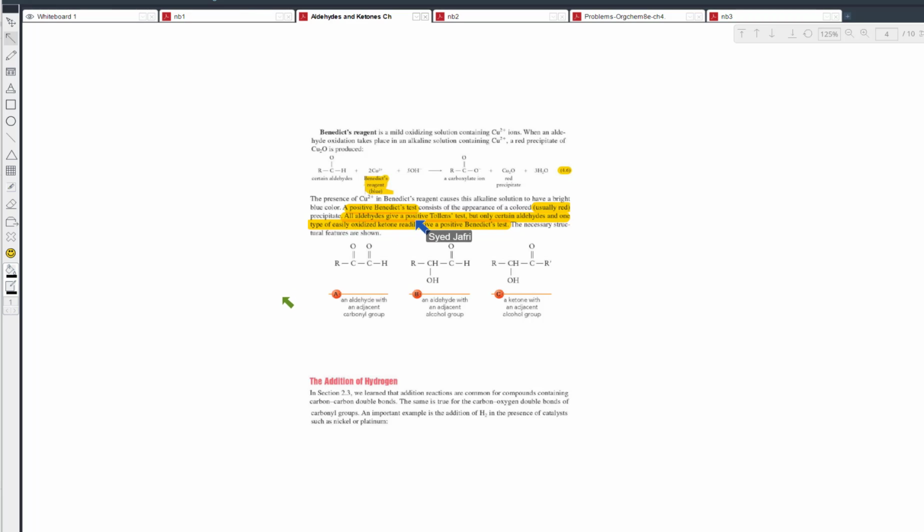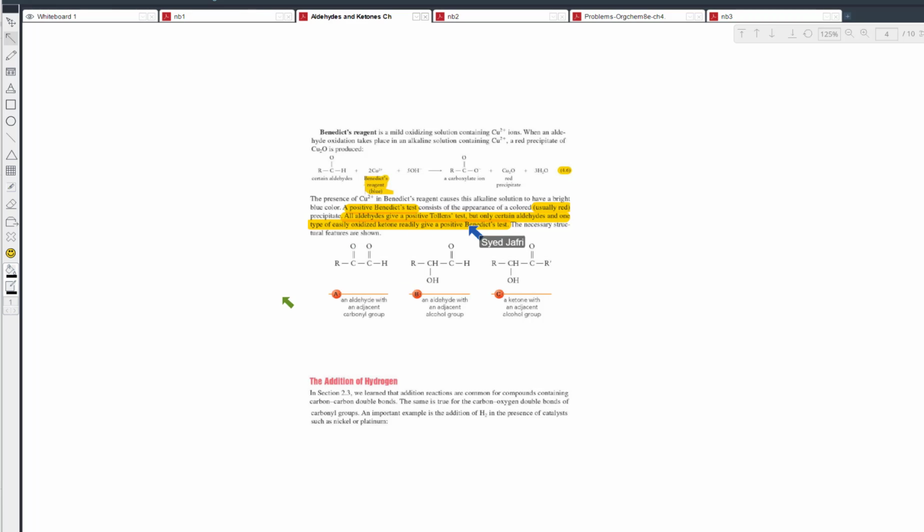All aldehydes give a positive Tollens test, but only certain aldehydes and one type of easily oxidized ketone readily give a positive Benedict test. Like all aldehydes give the Tollens test, so that's why generally we use that one.